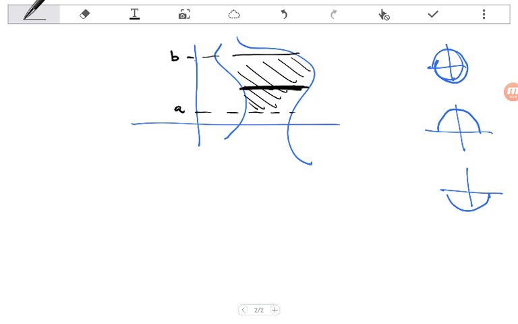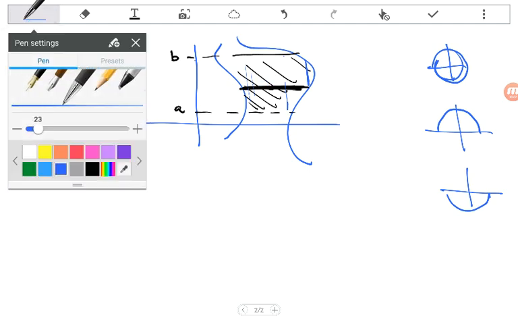If I made this problem with a vertical strip instead, it would be very cumbersome. I would need to break the area into too many separate integrals. So it is not convenient to use a vertical strip here; it is more convenient to work with a horizontal strip.